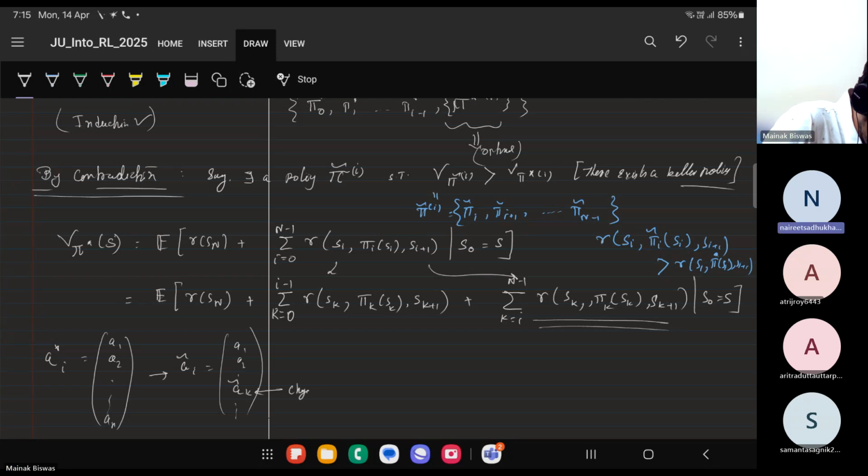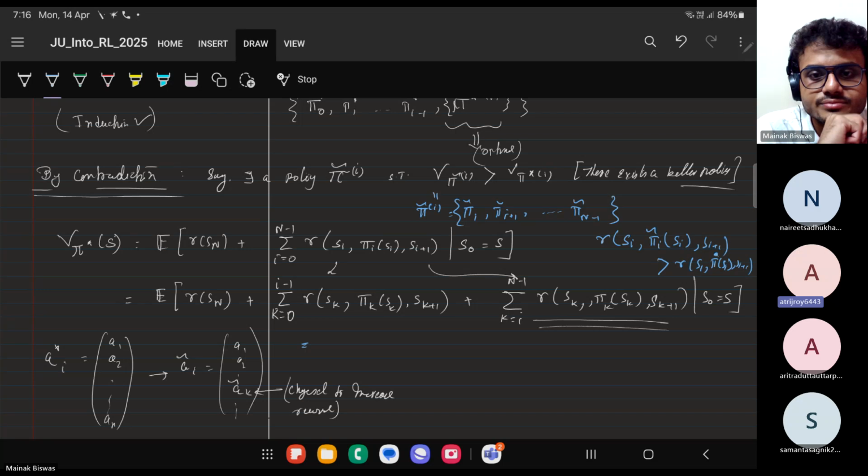Changed to increase reward. Okay. So one thing, for pi tilde, for one step, if this is true for all the i's from I to n minus 1, then okay.